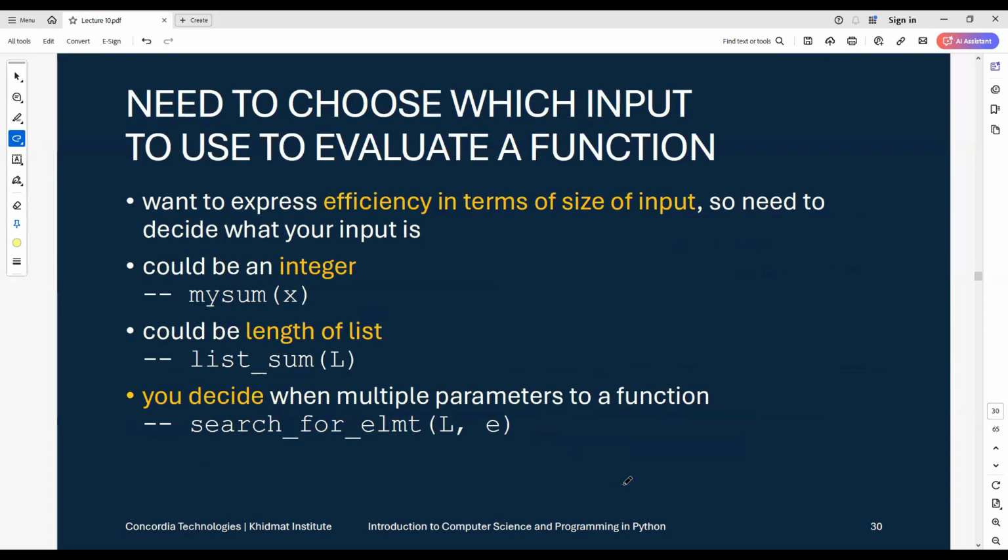So we want to express our algorithm efficiency based on the size of the input. This earlier example, where we said that we would sum all the numbers from 0 to x, where x is an integer, is a linear complexity.